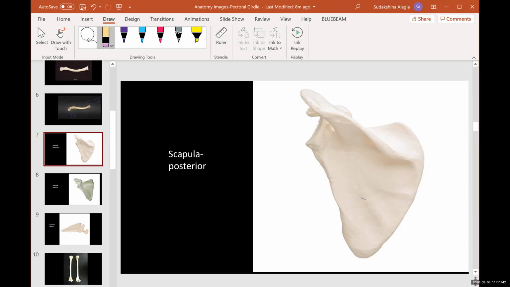Once you identify which part of the scapula the humerus articulates with, then you know which aspect is posterior, which aspect is anterior, and then superior and inferior become clear, right? Because the humerus is easily identifiable. You know whether your humerus is on the left or on the right. Basically the bone that forms your arm.